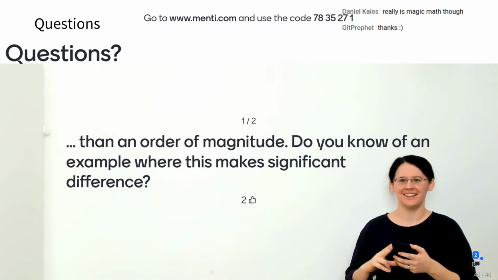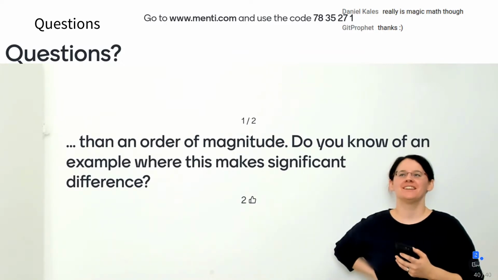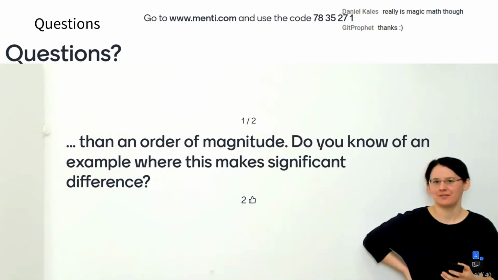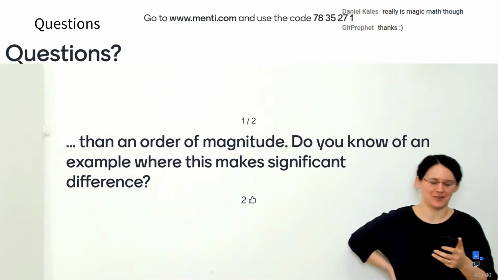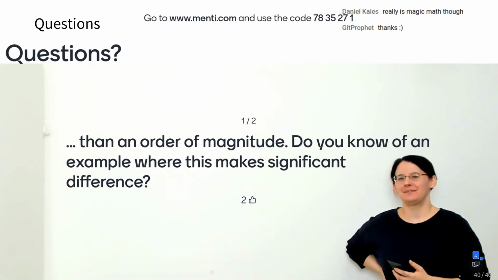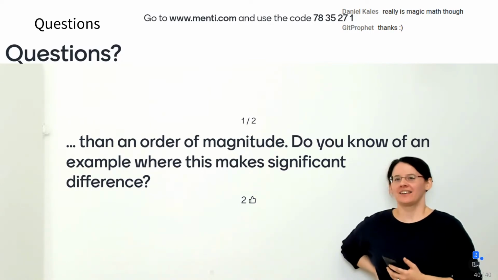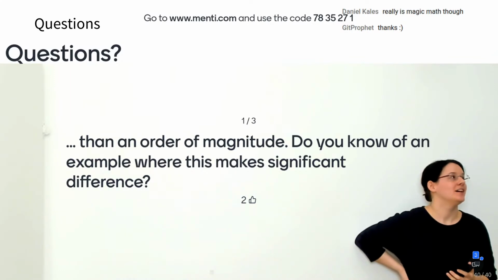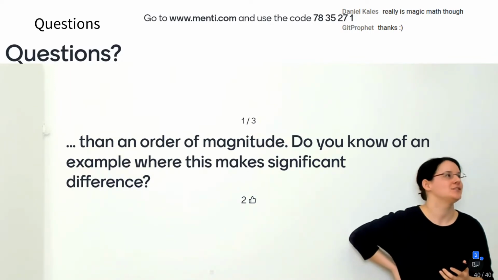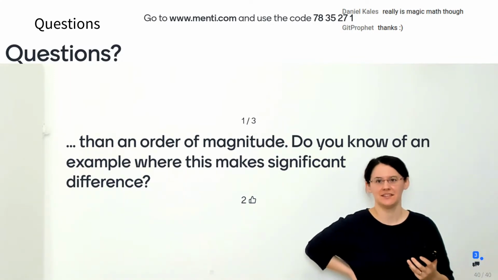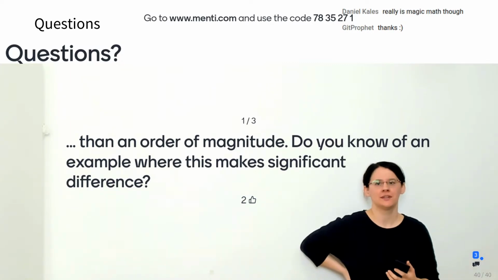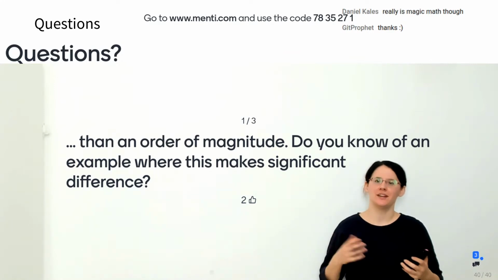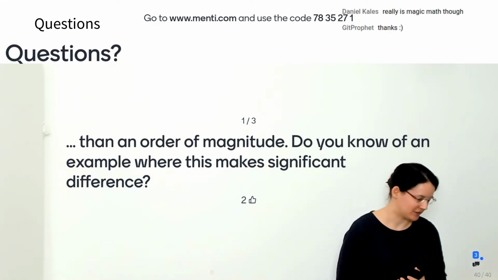Okay, the question continued. It changes more than an order of magnitude. Do you know of an example where this makes a significant difference? Okay, I see, I've been answering the wrong question. So if you're talking about orders of magnitude, I assume you mean something like tens, not just twos. So of course a factor of 10 doesn't really make a lot of impact on the attackability.